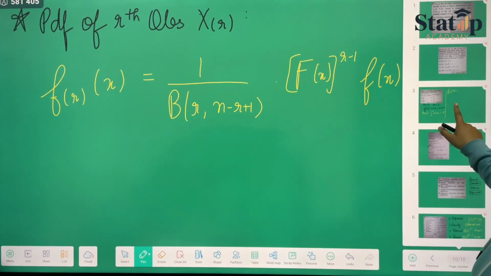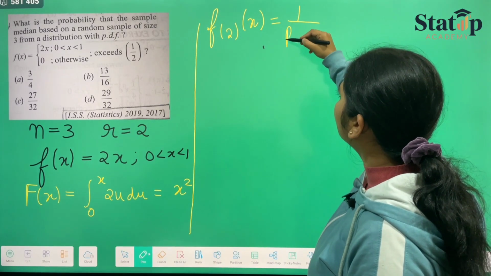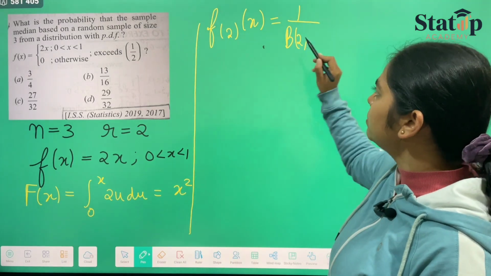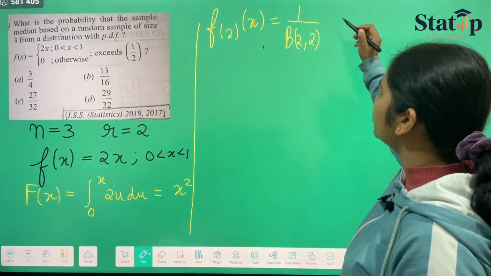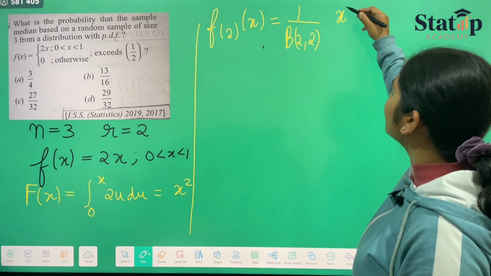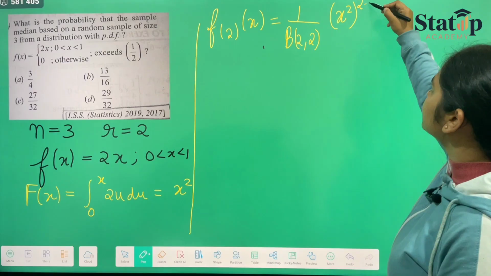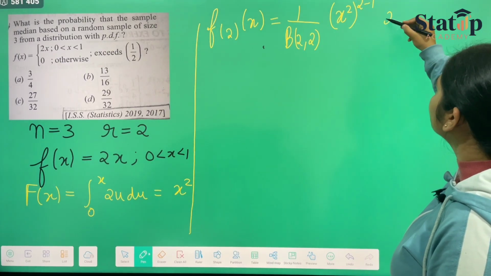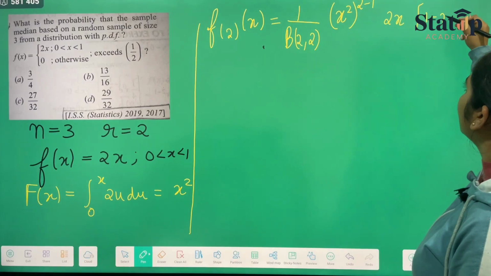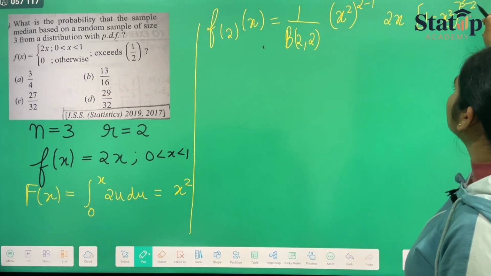So we will put the values directly here: 1 upon beta(2, 2), since r is 2 and n minus r plus 1 is 3 minus 2 plus 1, which is 2, into F(x), which is x square, raised to the power 2 minus 1, small f(x), which is 2x, and 1 minus x square raised to the power 3 minus 2.